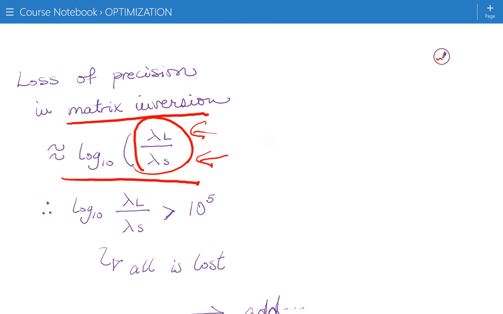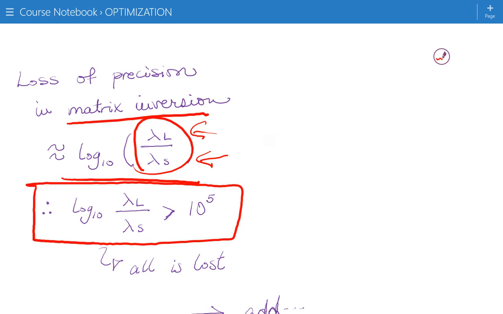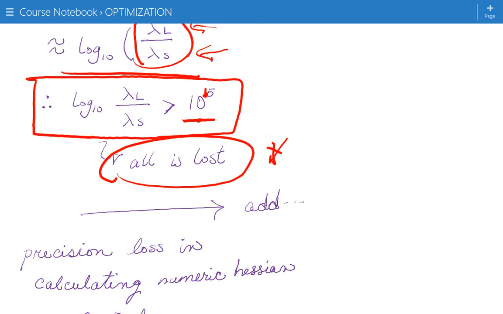Remember seeing that as the condition number. So if your log 10 of the condition number is greater than 15, essentially you will lose everything, because that's the loss of precision.